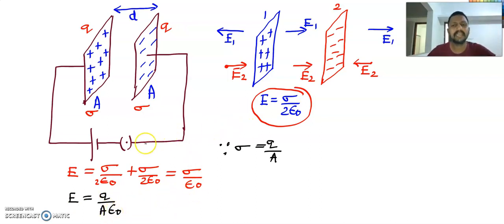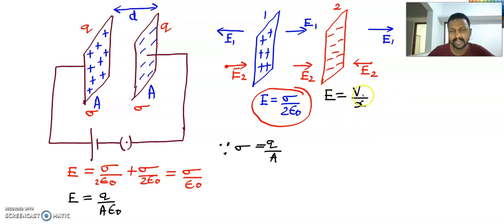Then, there is a relation between potential and electric field intensity. Hope you have learned that relation. Electric field intensity is the negative gradient of potential, and I could write it as potential divided by distance.